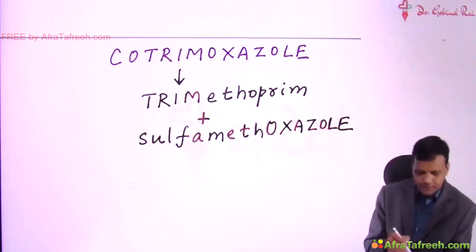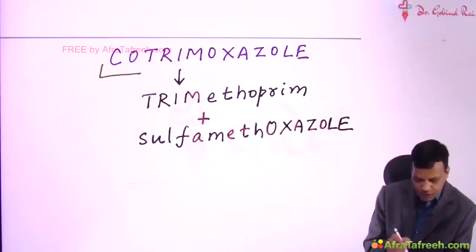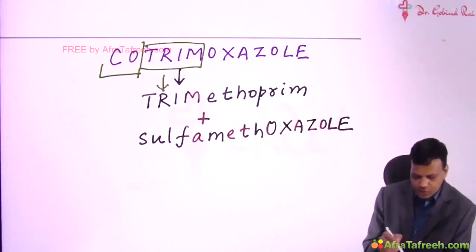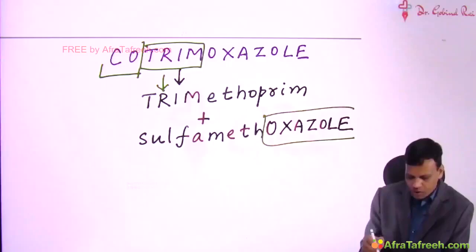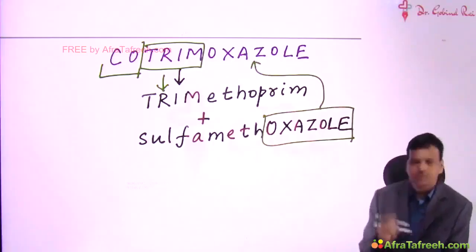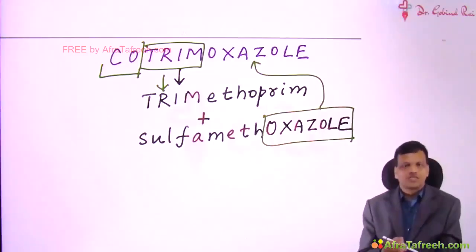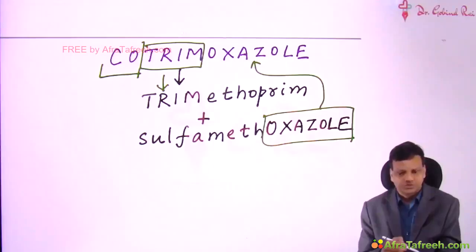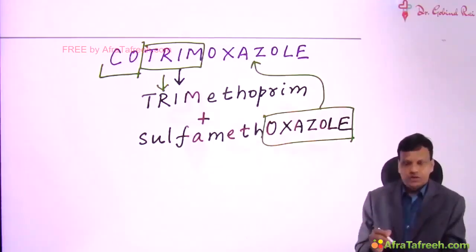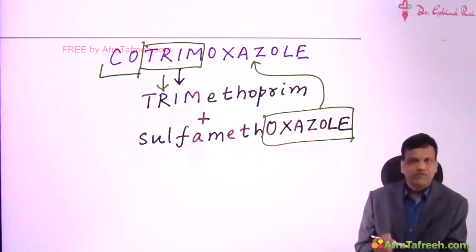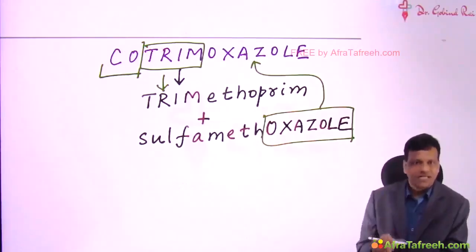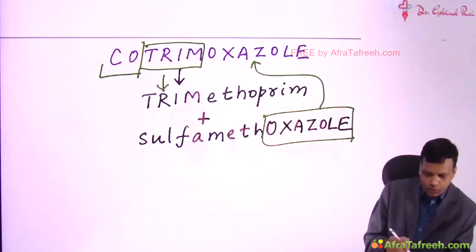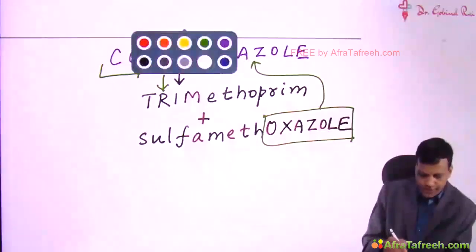The name is kept like this: CO stands for combination. It's a combination of trim meaning trimethoprim, with oxazole. Oxazole means sulfamethoxazole. So cotrimoxazole is a combination of trimethoprim with sulfamethoxazole. The ratio of trimethoprim to sulfamethoxazole for best bactericidal activity is found to be 1:20.